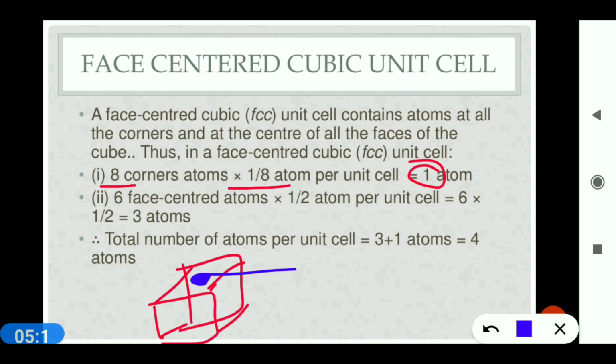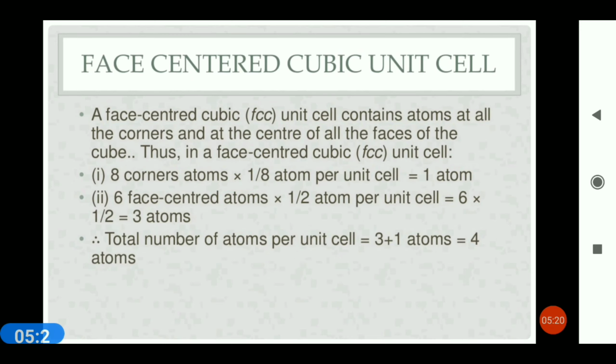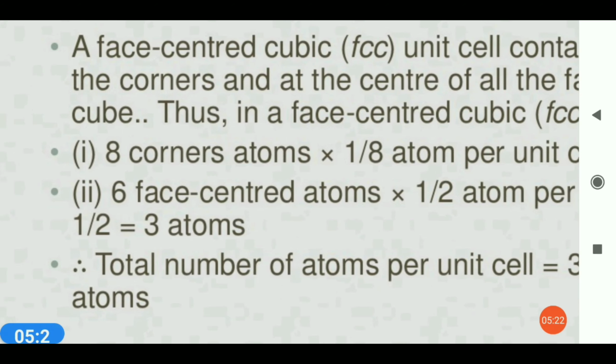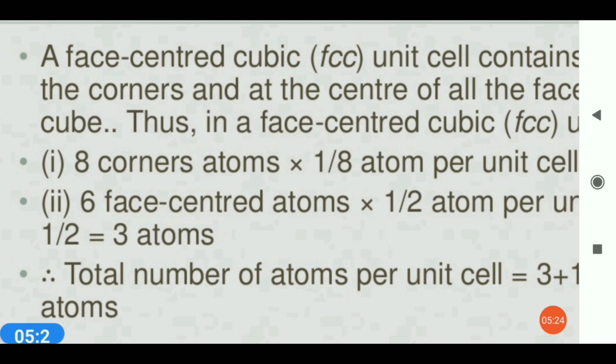So this particle has a contribution of half for the upper one and half for the lower one. So 6 faces are there and the 6 particles are contributing half each.